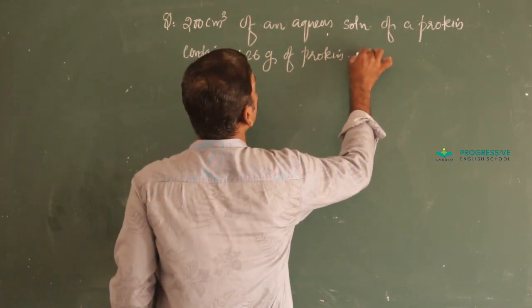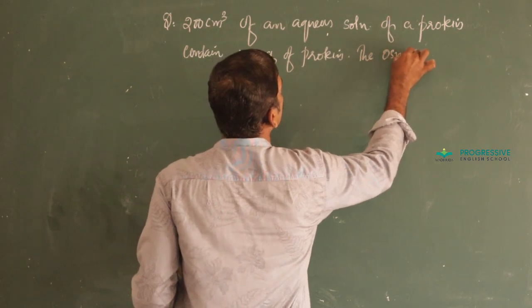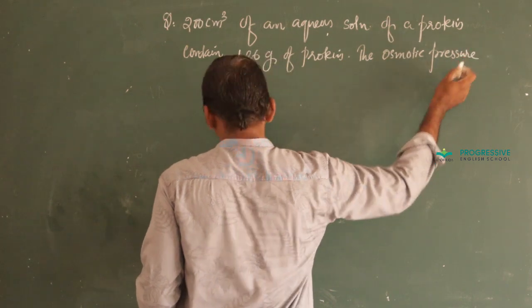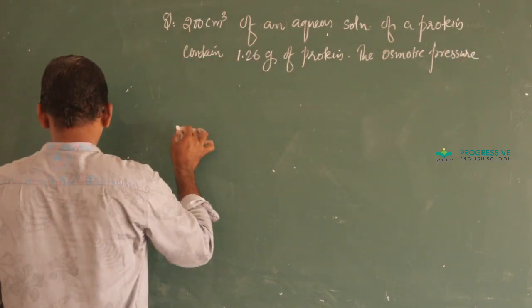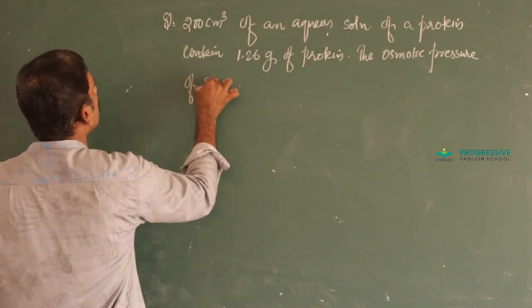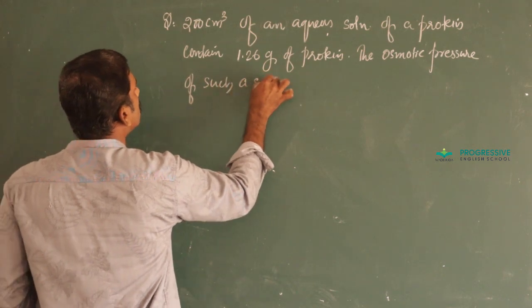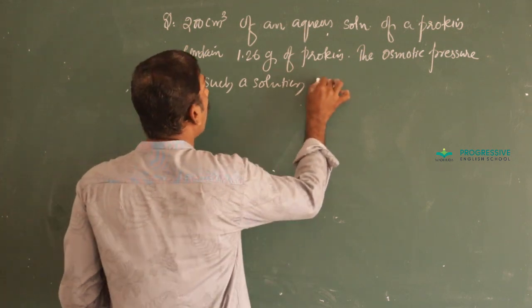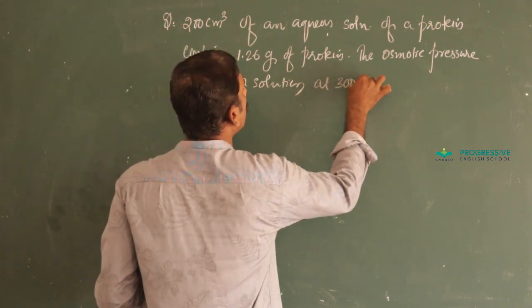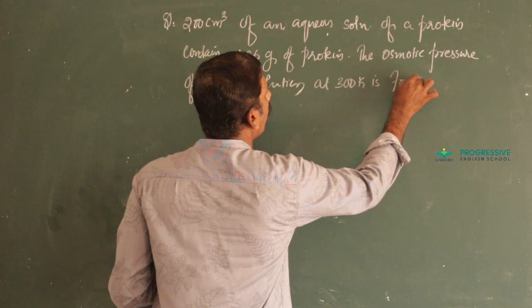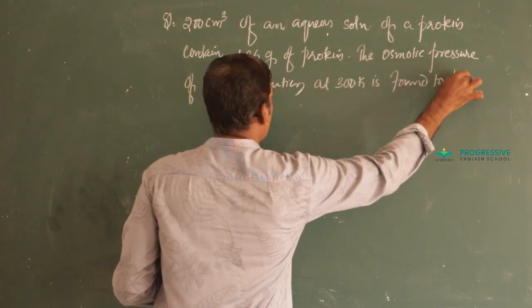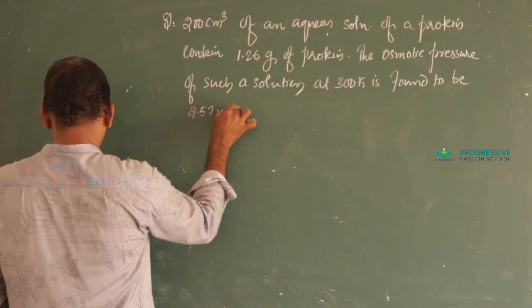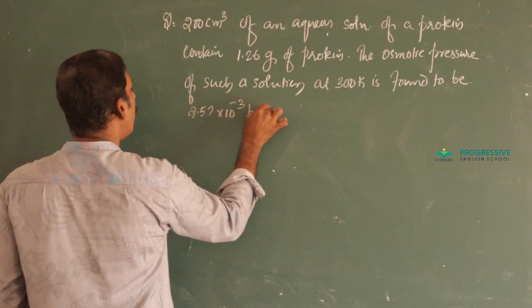The osmotic pressure of such a solution at 300 Kelvin is found to be 2.57 into 10 raised to minus 3 bar.